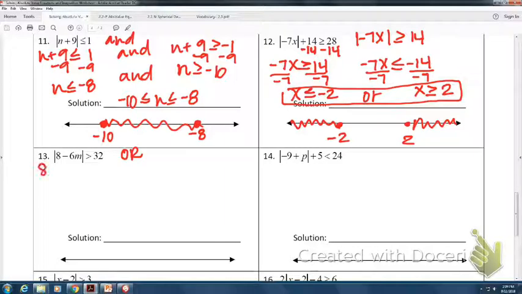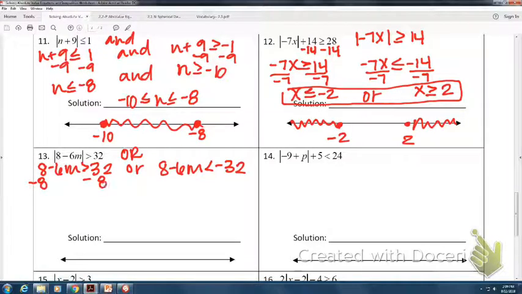I have 8 minus 6m is greater than 32, or 8 minus 6m is less than negative 32. Subtract 8 from both sides, and I have negative 6m is greater than 24. When I divide by negative 6, flip your sign.